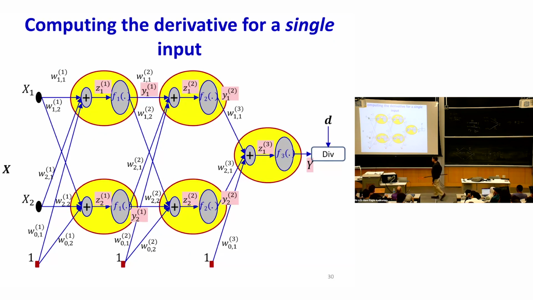The z's represent the affine variables that get computed from the output of the previous layer. So z_2 superscript 1 represents the affine value at the second neuron of the first layer. In general, z subscript i superscript j is the affine value at the ith neuron of the jth layer.